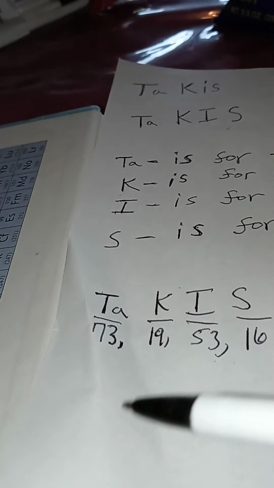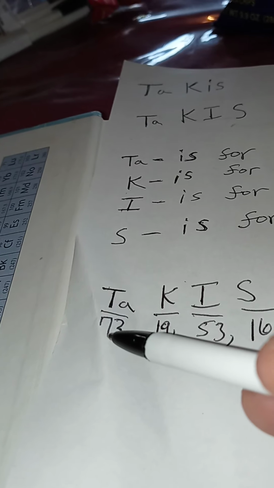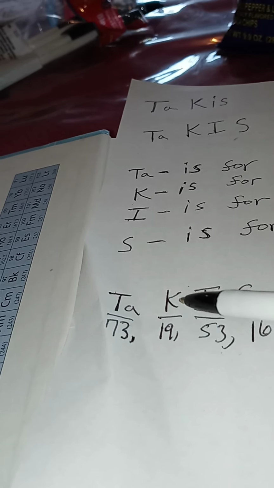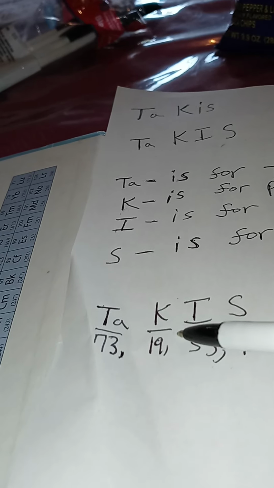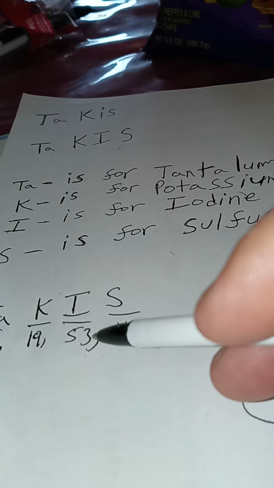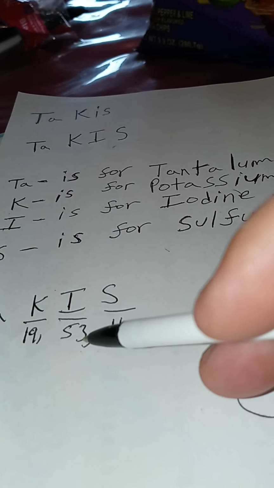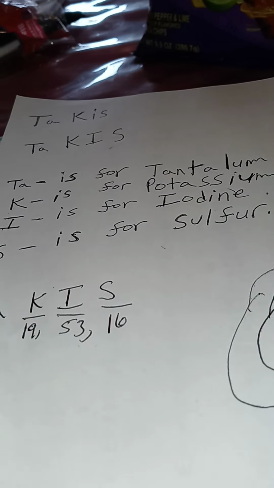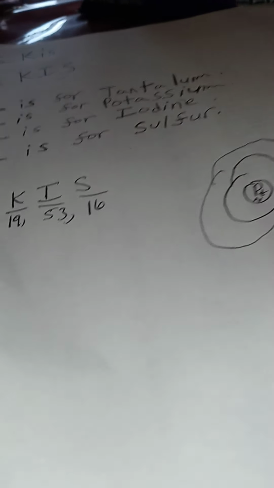So you got tantalum, and that's 73 atomic number. You got potassium, capital K, the chemical symbol with an atomic number of 19, and you got capital I for iodine with the atomic number of 53, and capital S for sulfur with a 16 atomic number. So there you go.